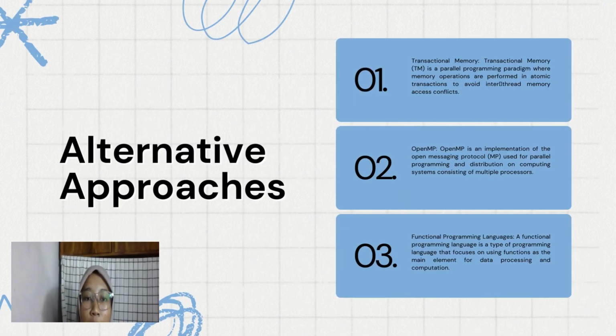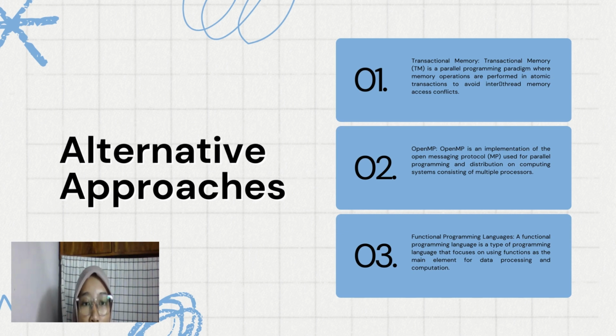And the last one is alternative approaches. There are three items. The first one is transactional memory. Transactional memory, or TM, is a parallel programming paradigm where memory operations are performed in atomic transactions to avoid inter-thread memory access conflicts.